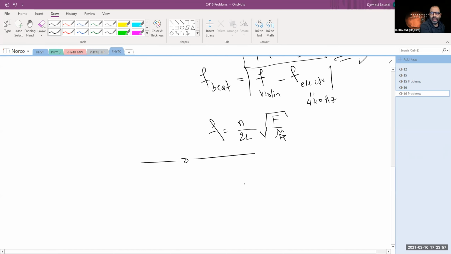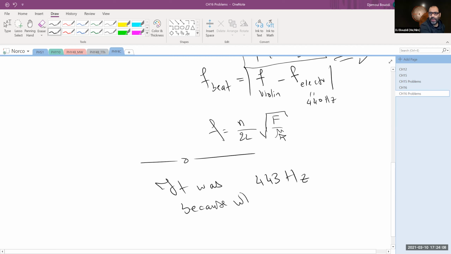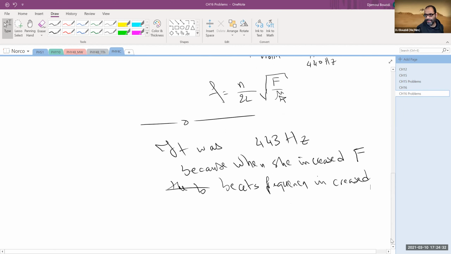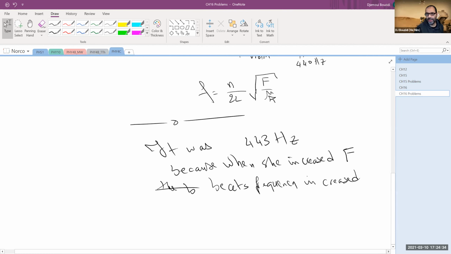It was, based on this reasoning, 443 hertz, because when she increased the tension F, okay, the beat frequency increased, and did not decrease.